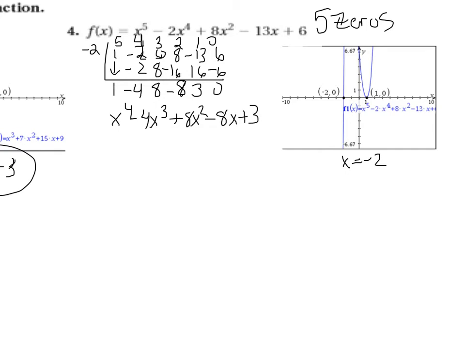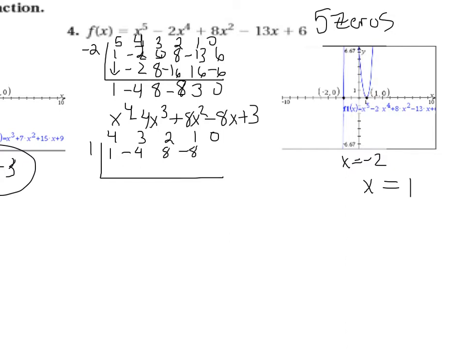Well, that's not very easy either, so we use the other zero on the graph, right here. We use x equals 1. So you go 1, now you do 4, 3, 2, 1, 0. And you have 1, negative 4, 8, negative 8, 3.